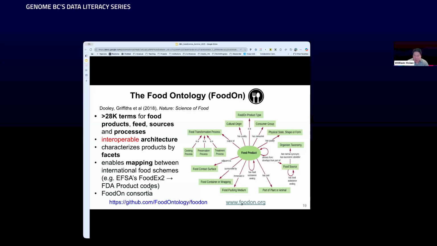So we have mapped our domain agnostic and sector agnostic terms to FDA's product code information and also to USDA's nutritional databases, the Food Data Central. But we also aspire to connect it with the EU-based systems such as FoodEx2.